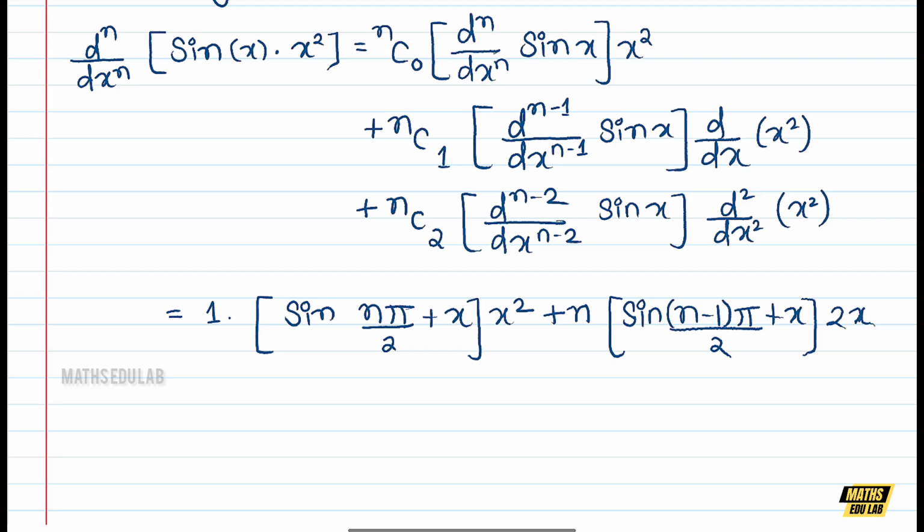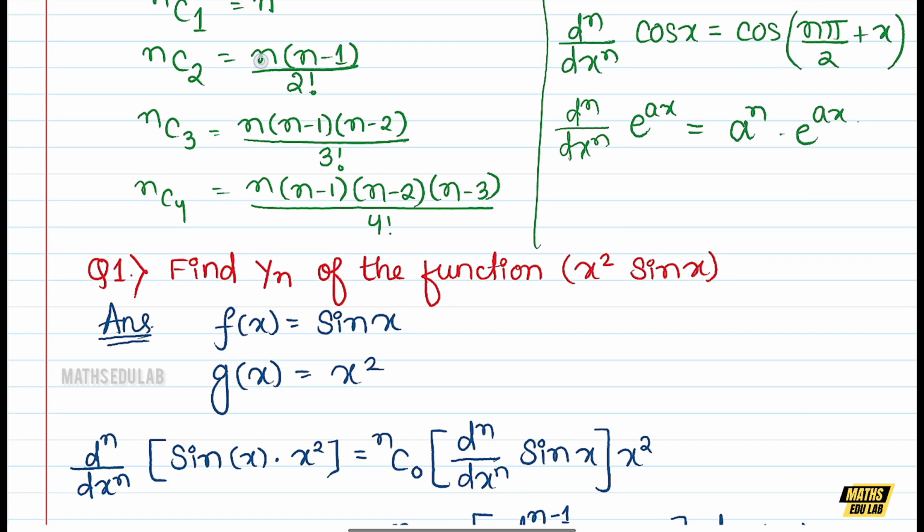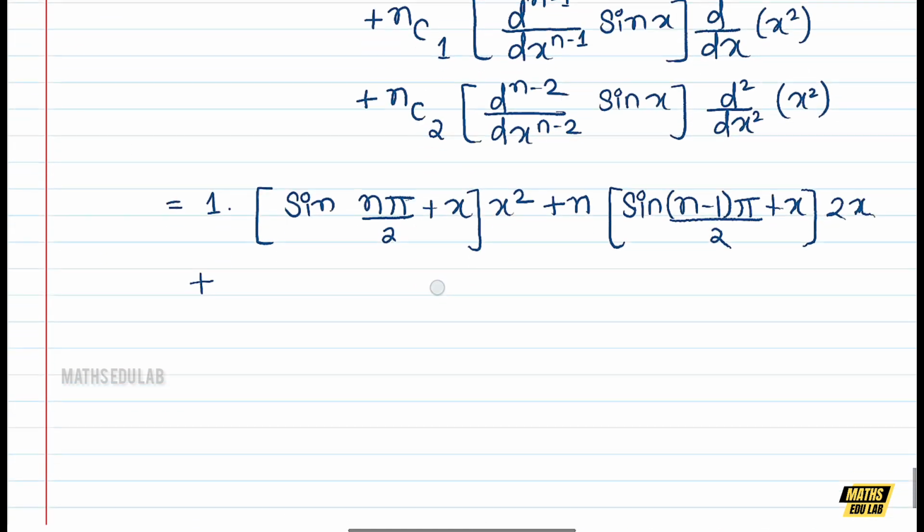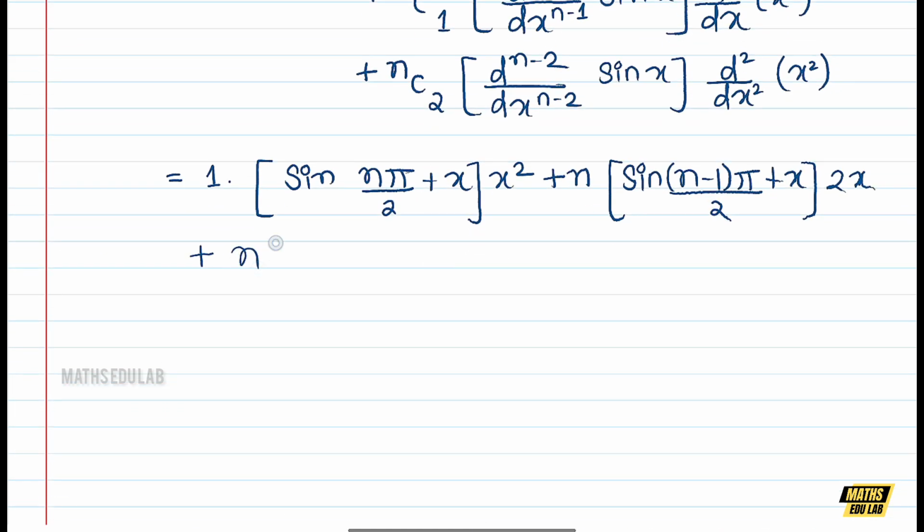Then the next step, nC2, which is n into n minus 1 by 2 factorial, as I have written here. The same I am writing here: n into n minus 1 by 2 factorial.